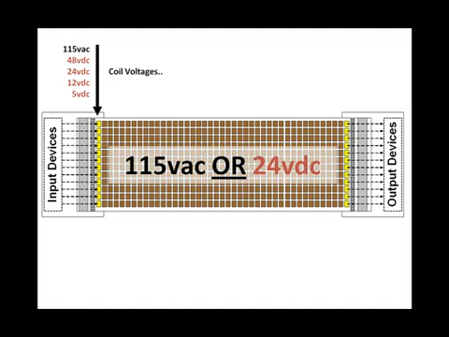So you might have input devices that are 24 volts DC, panel relays, the brown ones, that are 115 volts AC, and then your output devices might be 240 volts, 480 volts, 24 volts. So the two vertical columns of yellow relays are the electrical interface between the input devices and the logical panel, and between the logical panel and the output.